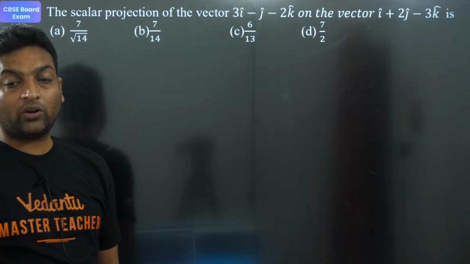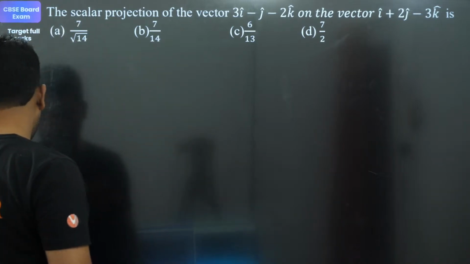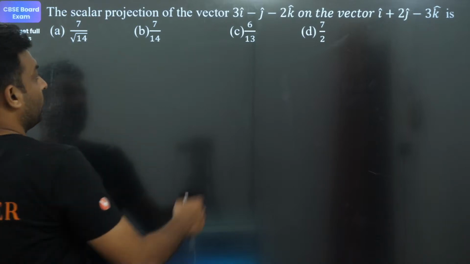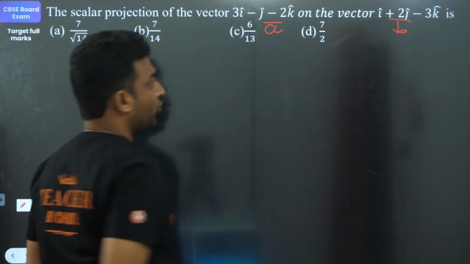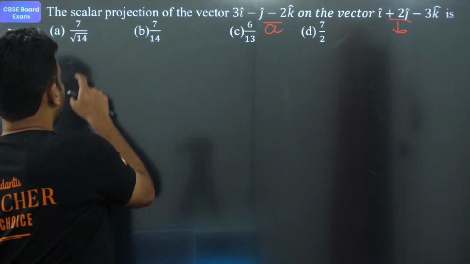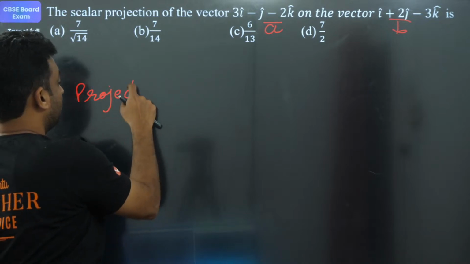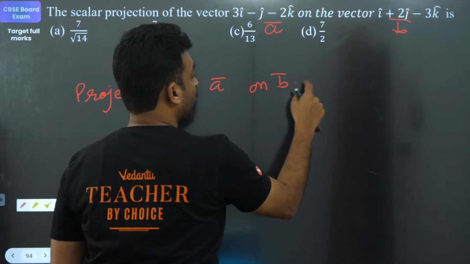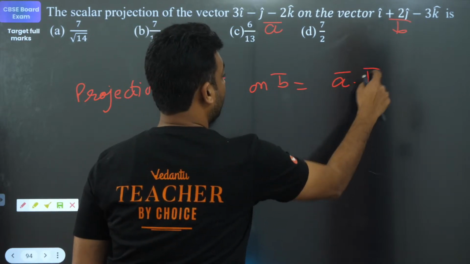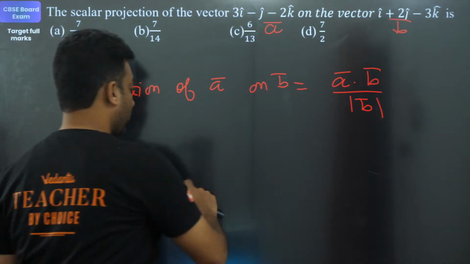Scalar projection of this vector on this. Suppose this is vector a and this is vector b. Scalar projection of a on b will be a dot b upon mod b. Why? What is the meaning of projection of a on b?